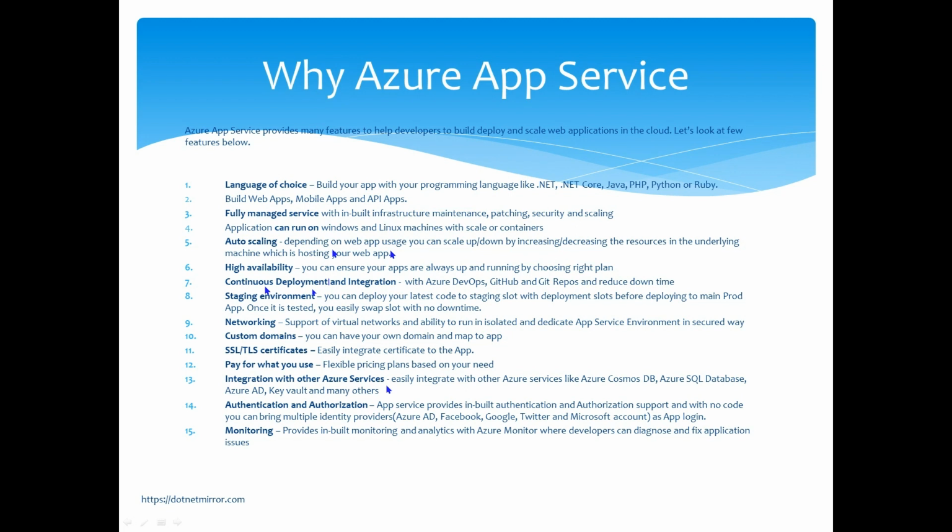Then you deploy your app to the staging slot. You verify all your changes. Once you're comfortable and have tested, then you can do a swap slot from staging to production so that your staging changes will go to production with minimal downtime.